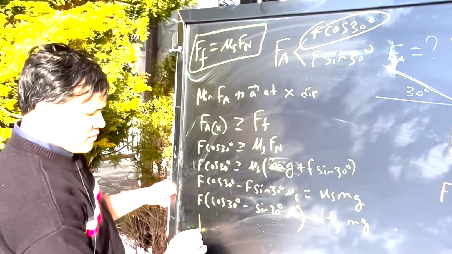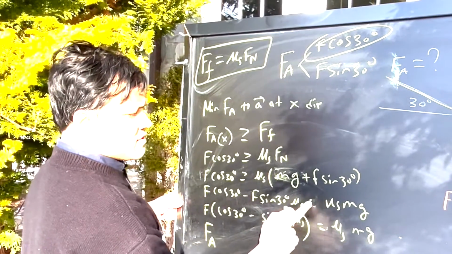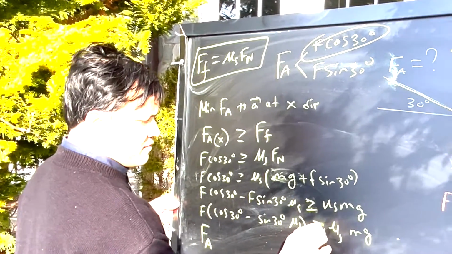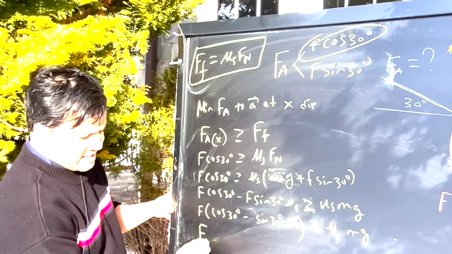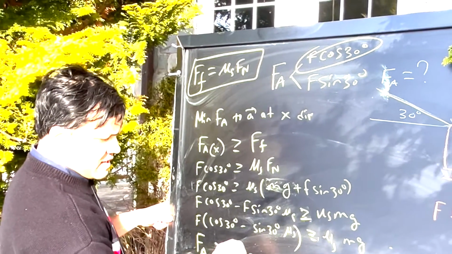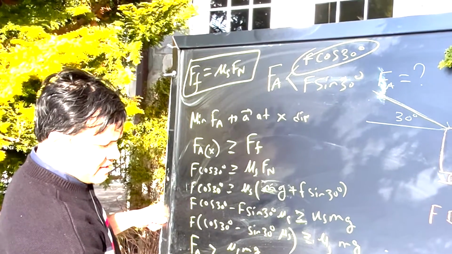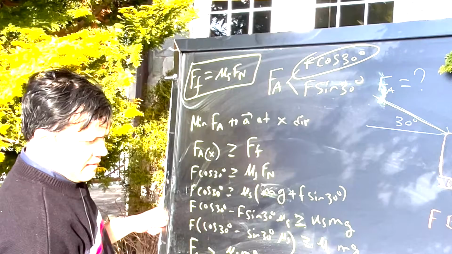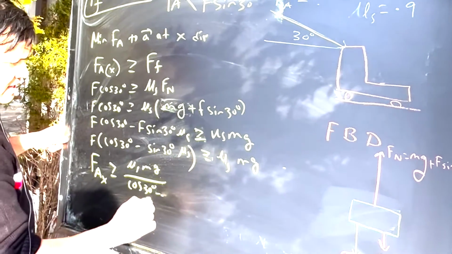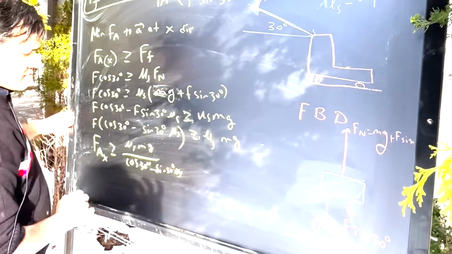Now finally we find F. So the applied force in the x direction has to be greater than or equal to mu s mg over cosine 30 degrees minus sine 30 degrees mu s.